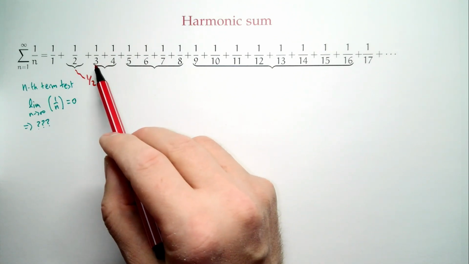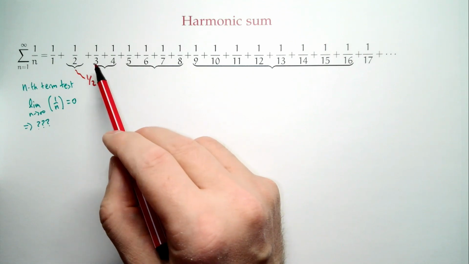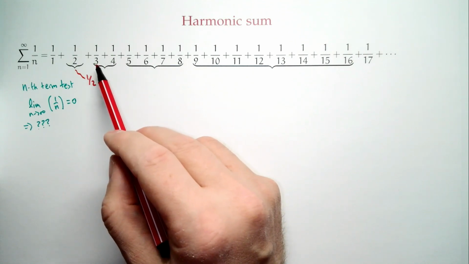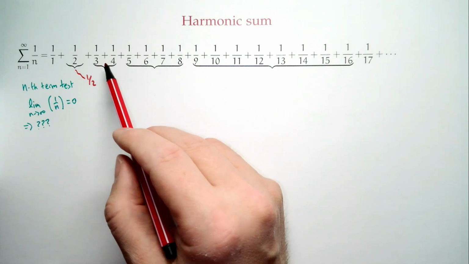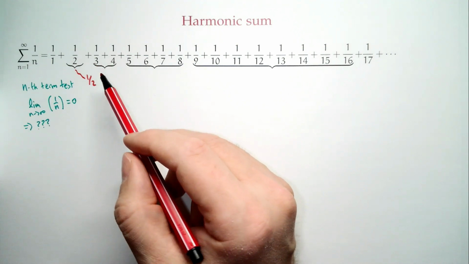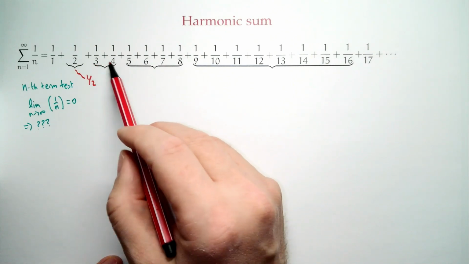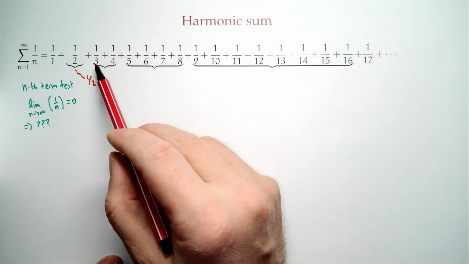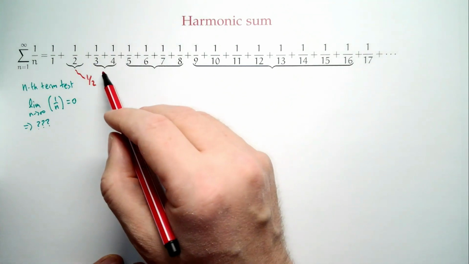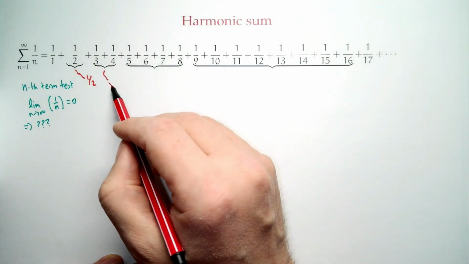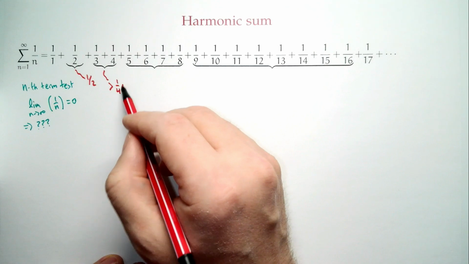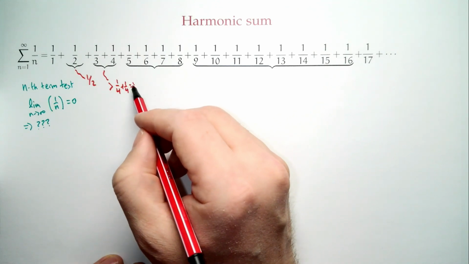Is it the third or the fourth? The third has a smaller number downstairs, but does that make it the smaller value? No. It's the fourth. Let's suppose I replace the third here by a fourth. So I could certainly say that this part is greater than a fourth plus a fourth, which is a half.